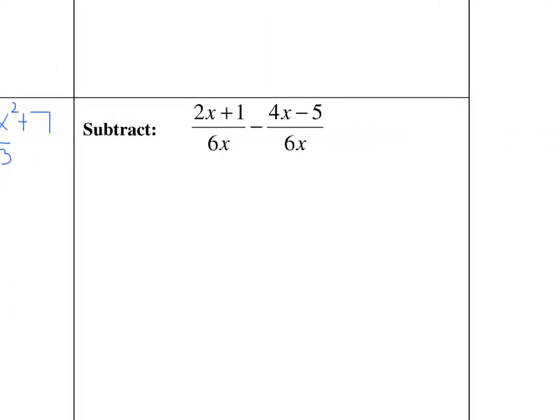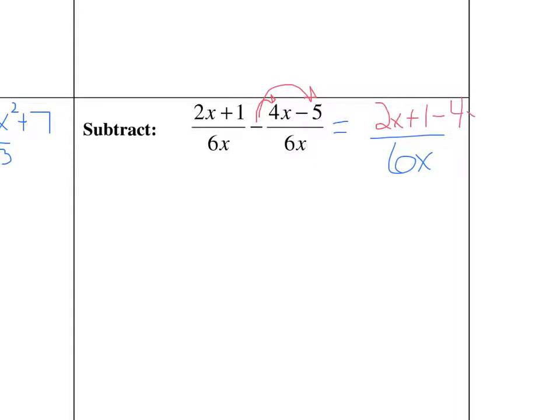All right, this is a subtract. The denominators are already the same. So I'm going to have a denominator of 6x. You have to be careful with the subtract, because if you have more than one term, that subtract has to distribute. So we'll end up with, in the numerator, 2x plus 1 from here, and then this is going to be negative 4x, and then this will be a positive 5.